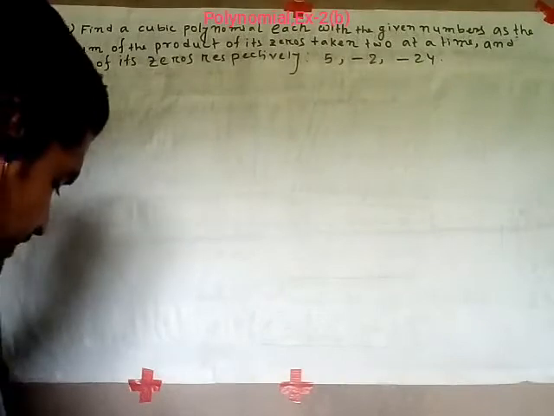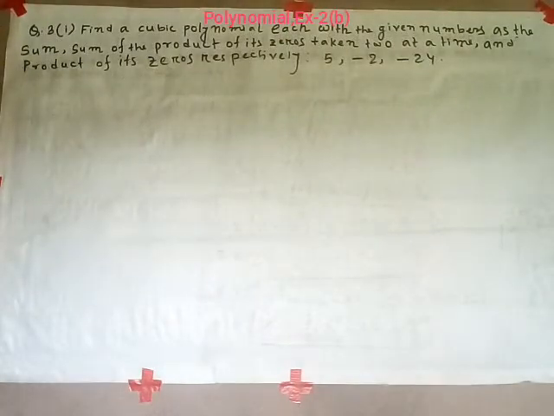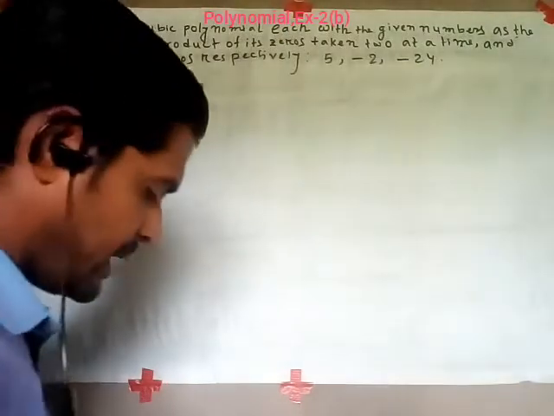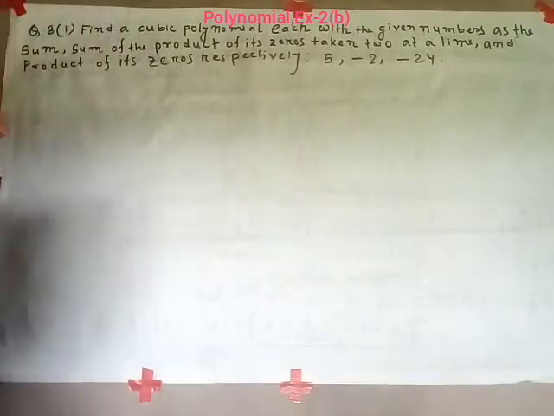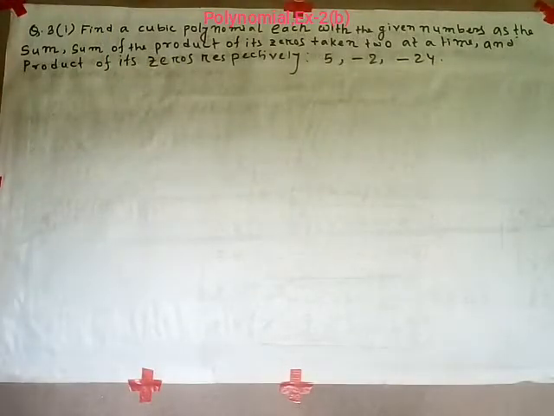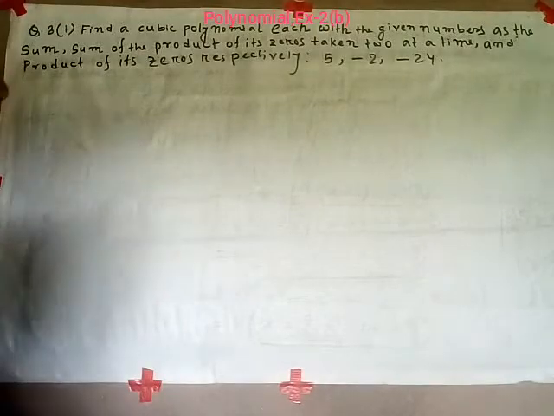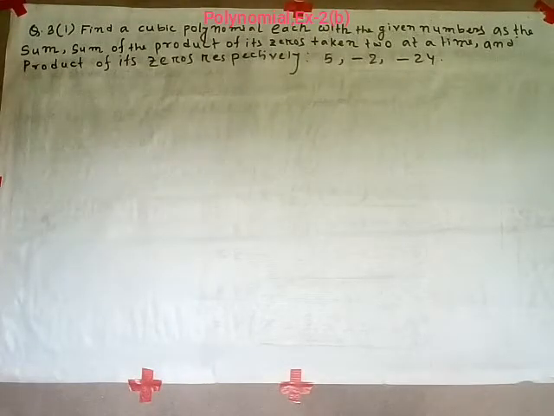The question is, we have to find a cubic polynomial. What is the cubic polynomial? In question number 1, we have discussed what a cubic polynomial is. Cubic polynomial means the cubic equation ax cube plus bx square plus cx plus d equal to 0.